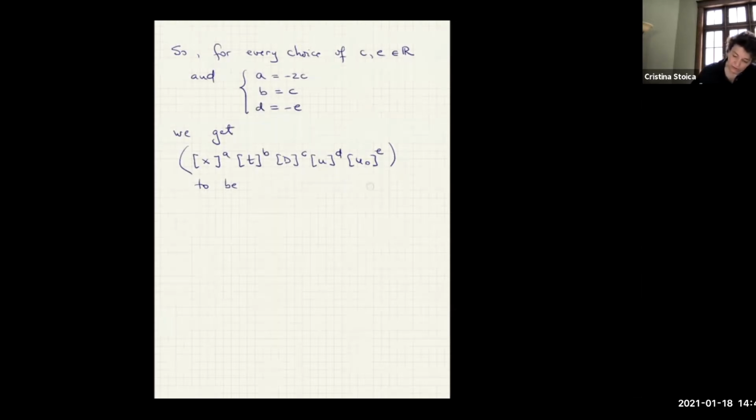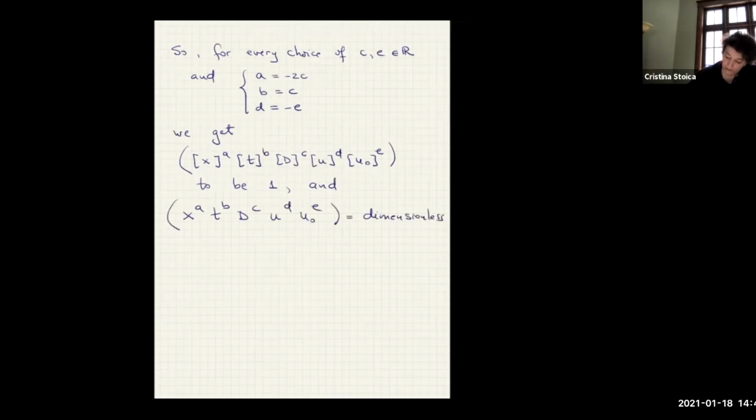So this one to be 1 actually, and now it comes X at A, T at B, D at C, U at D, and U naught at E. So this is a dimensionless quantity.